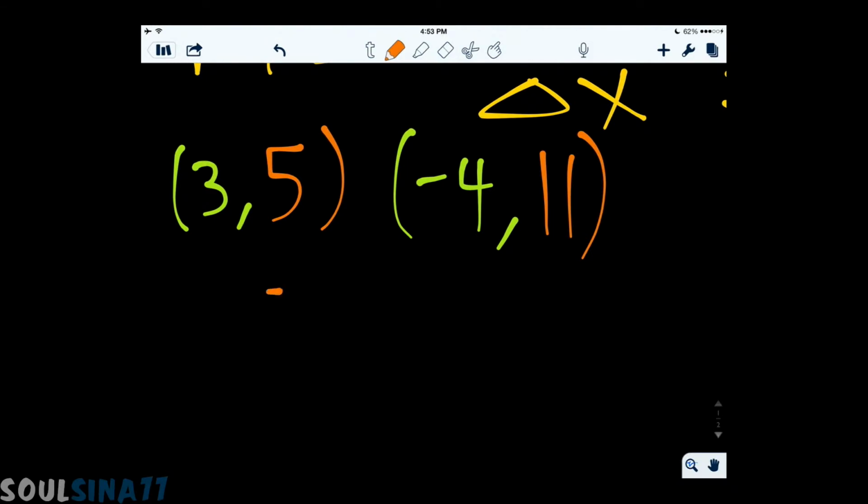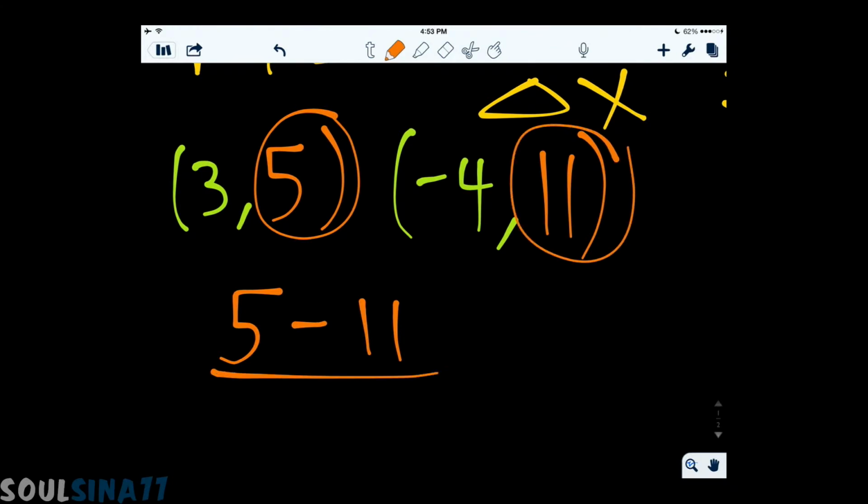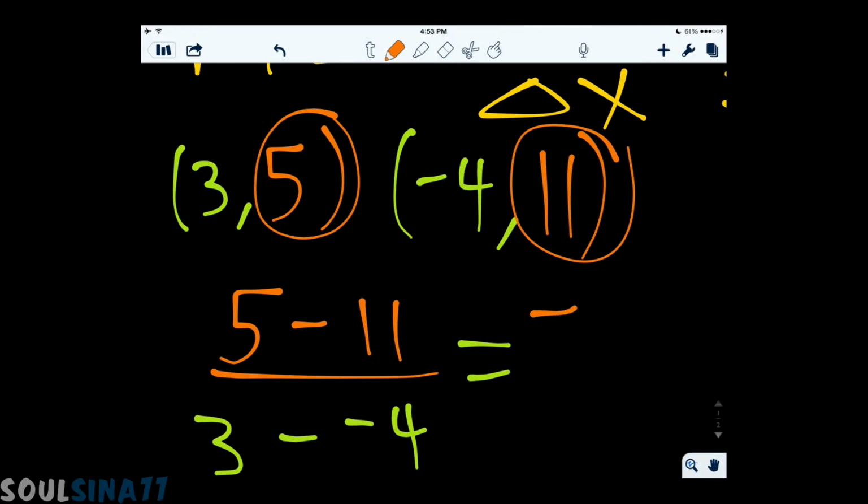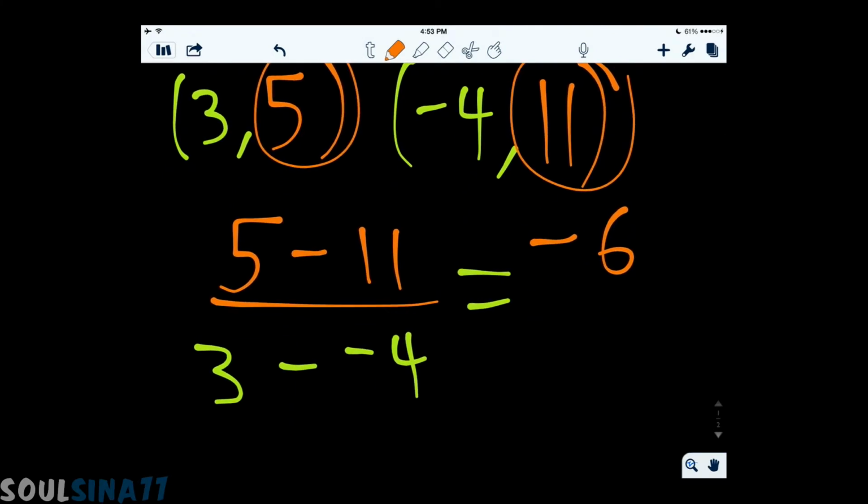We're just going to do 5 minus 11 divided by 3 minus negative 4. On the top, 5 minus 11 is negative 6. For those of you that have trouble doing negative math in your head, when subtracting a larger number from a smaller one, what I like to do is 11 minus 5, which is easier. We say 6, and then I throw a negative in front of it.